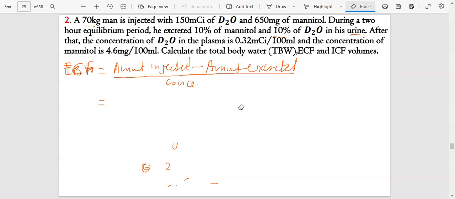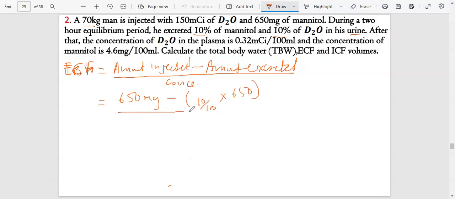The formula still remains the same, but in this case the amount which was injected is 650 milligrams, minus the amount which was excreted. We've also been told 10% was excreted, so that would be 10 out of 100 multiplied by 650, then divided by the concentration of the mannitol, which we've been told is 4.6 milligrams per 100 milliliters.